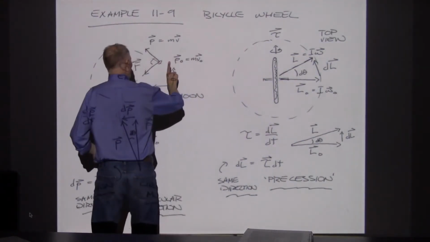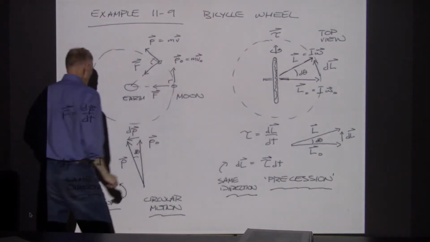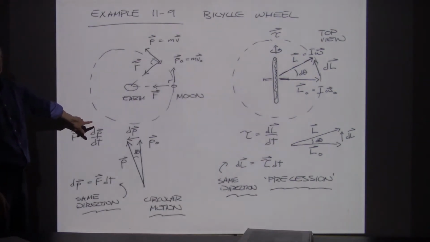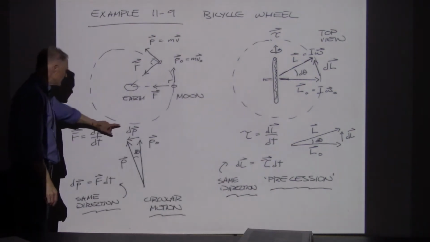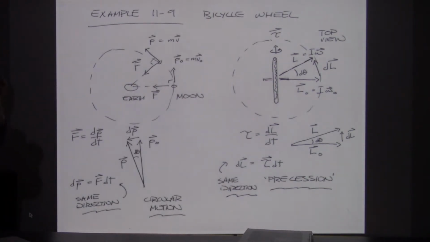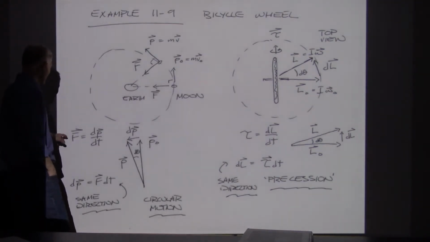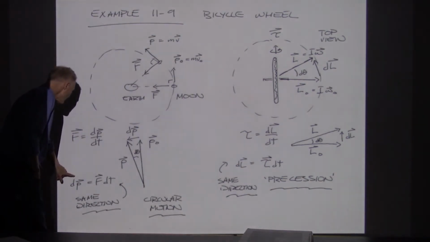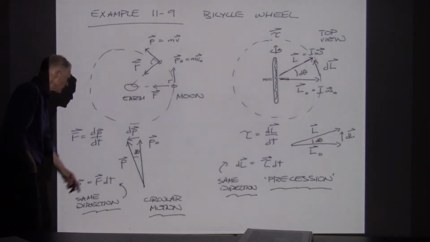So if it already has momentum built up, what the force will do is redirect the momentum. So dp, this infinitesimal piece of momentum, is going to be in whatever direction the force is in. And that's why when we write force vector is equal to dp dt, or here's maybe a better way to write it, changes in momentum, specifically the direction and magnitude, depend on the direction of force.